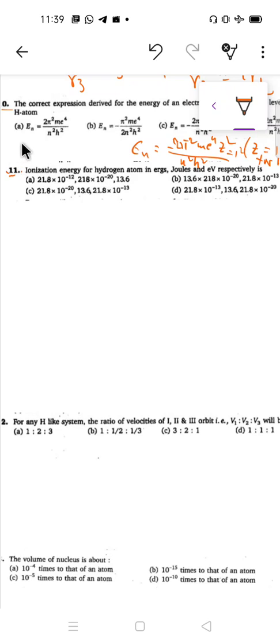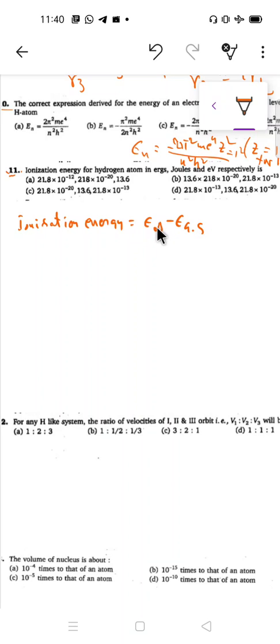Okay, what is the meaning of ionization energy? Ionization energy means E infinity minus E ground state.